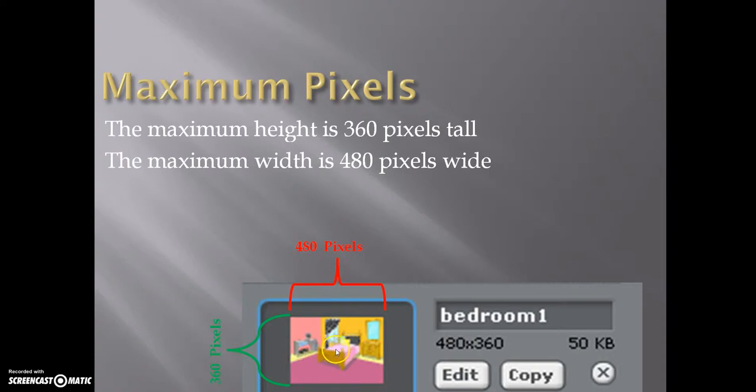If I start from the middle and go to the right, the maximum is 240. If I go up to the very top, the furthest I can go is 180. If I go down, the furthest I can go is negative 180. You have to remember that. So it's measured 480 by 360.